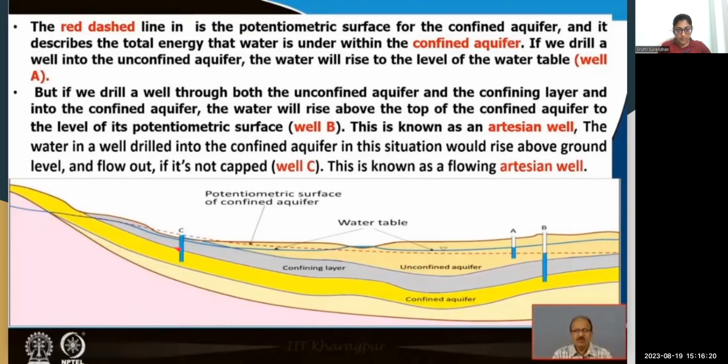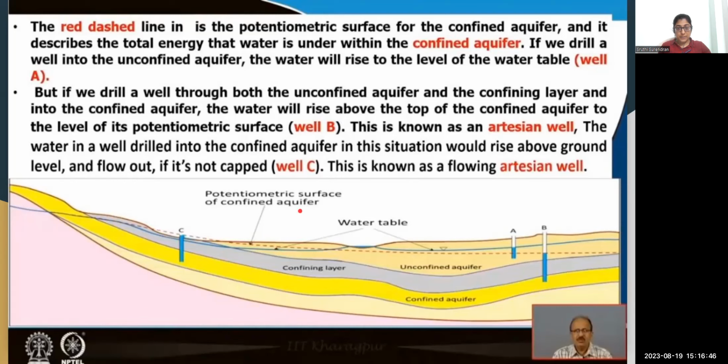Again, this tube well has water that is higher than the water table, and the water level is over here. In the same way, if we are able to find the total pressure head or energy of water along this confined aquifer, then we will get this line, which indicates the total energy of the confined water in the confined aquifer.